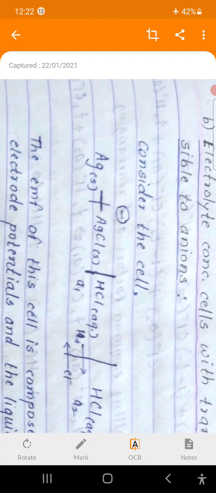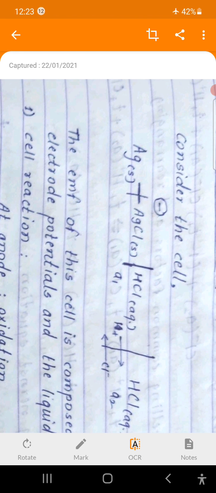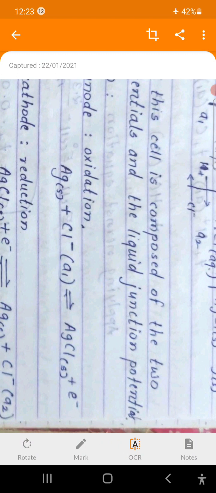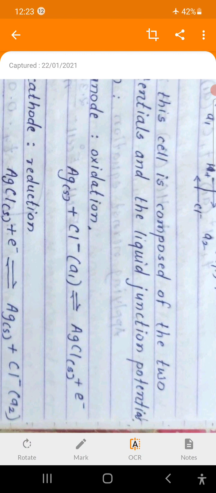As soon as Ag plus is formed by oxidation, it immediately combines with freely available Cl minus, forming AgCl precipitate. Therefore the combined oxidation reaction is: Ag solid plus Cl minus having activity A1 is converted to AgCl solid plus 1 electron.